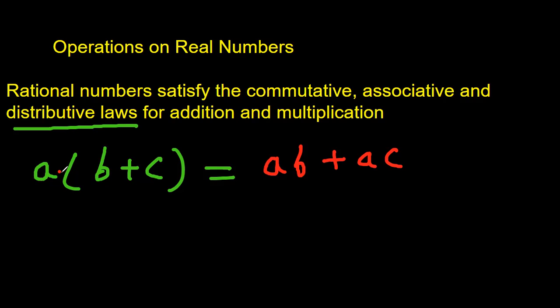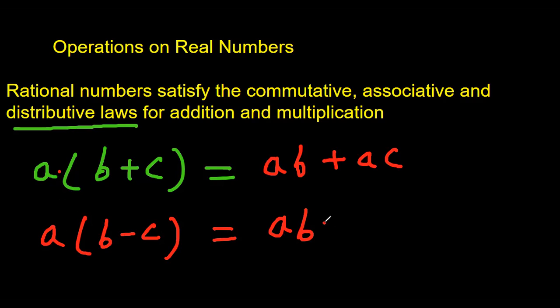Similarly, if you have a into (b minus c), let's take another example. a, b, c are any three real numbers, then your answer will be as per this. a gets multiplied with b, and the minus sign will remain here, and then a gets multiplied with c.